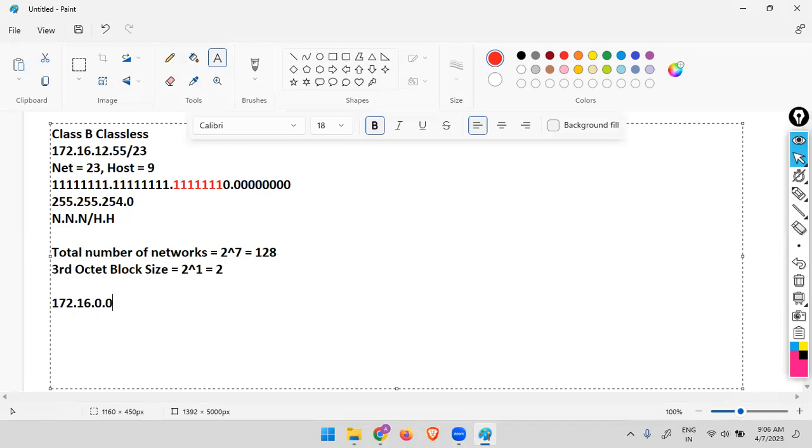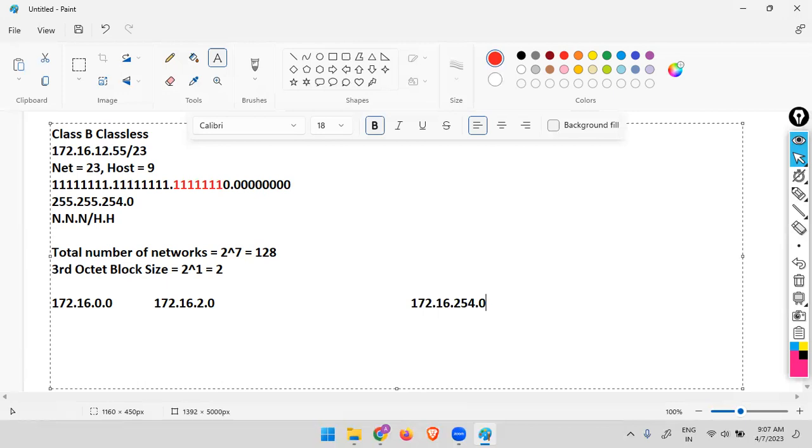Then next 2.0. What will be my last network? Whenever you want to calculate your last network, always check your subnet mask. What is the value in the subnet mask? 254. That is your last network, 172.16.254.0.